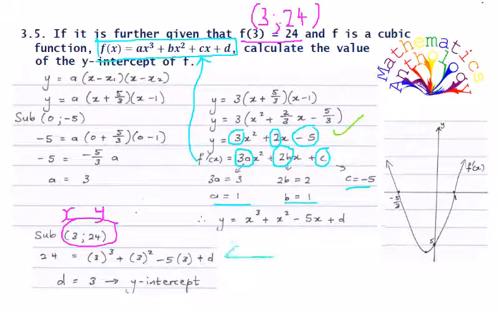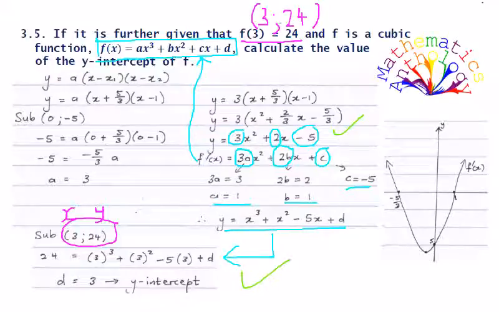So we will use the x-intercept method, which is y is equal to a into x minus x1 into x minus x2, where x1 and x2 are our x-intercepts. If we substitute those in, we'll end up with y is equal to a into x plus 5/3 into x minus 1.